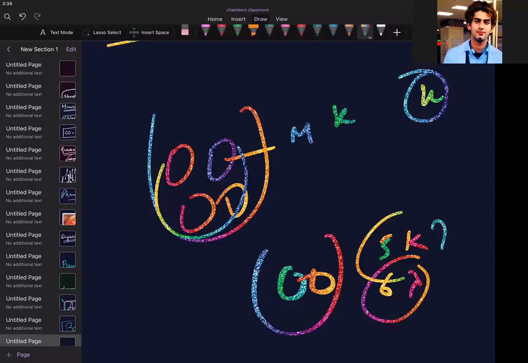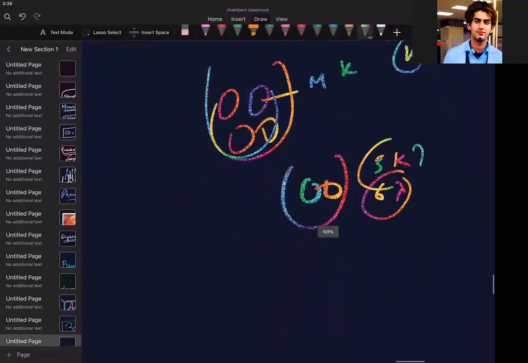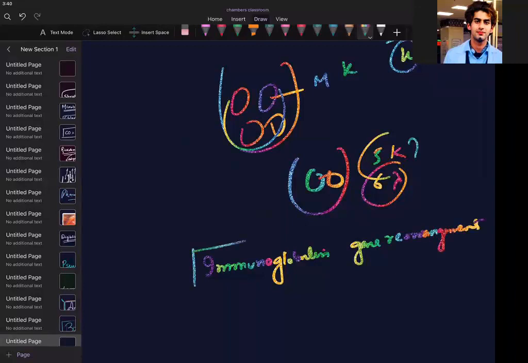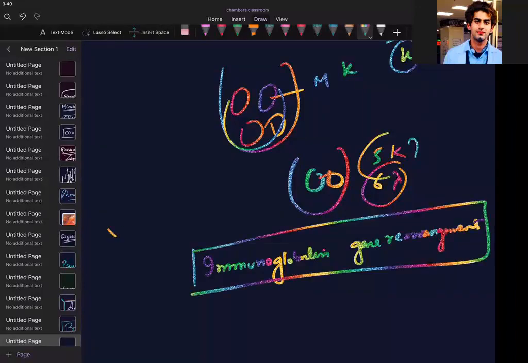So what is the concept of immunoglobulin gene rearrangement? Who can tell us? What is the concept? You can choose up or you can choose down. You should contribute, guys, and study books.